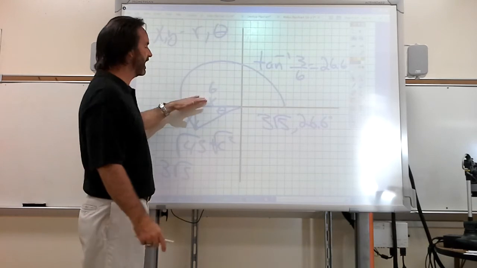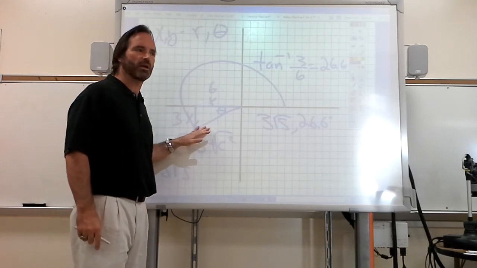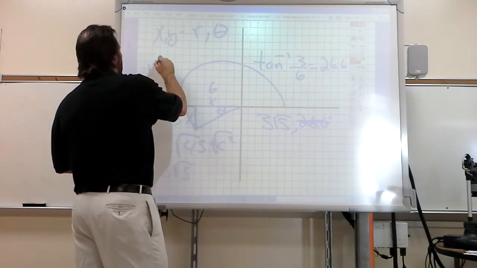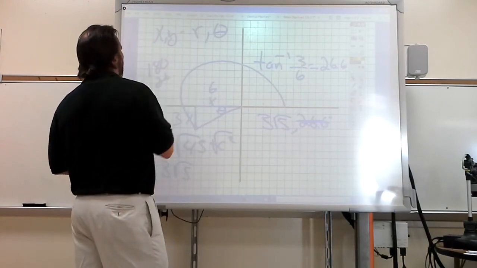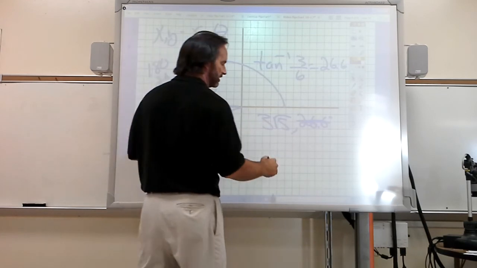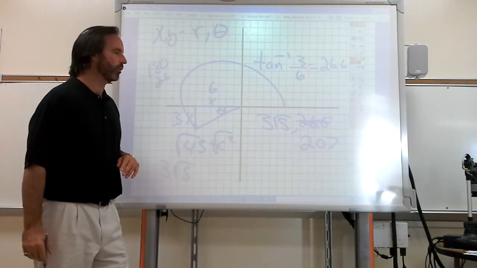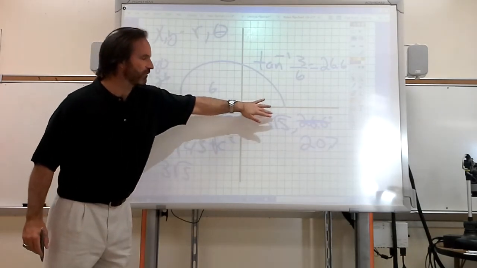So I know this is 180 plus 26.6, okay? So that's going to be 206 basically, or 207. So that is my polar angle. So I've got the radius, and we figured this out here.